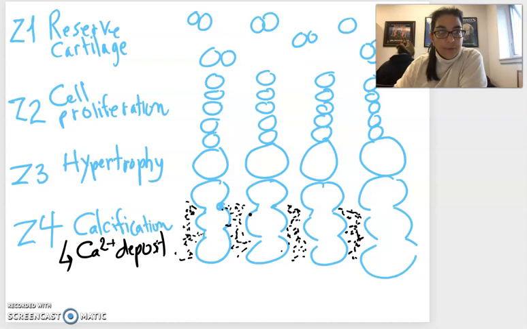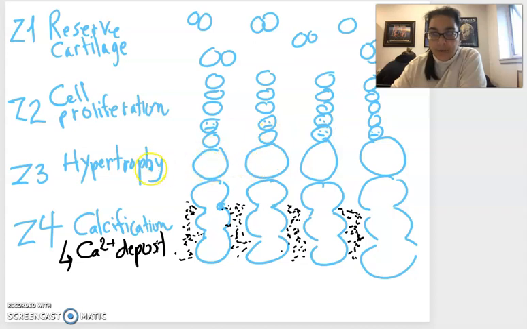So I'm going to draw and go back to here. So at this point, the cells are kind of like not sure what's going on. They're like really confused. They have to line up, but they're really not very happy.